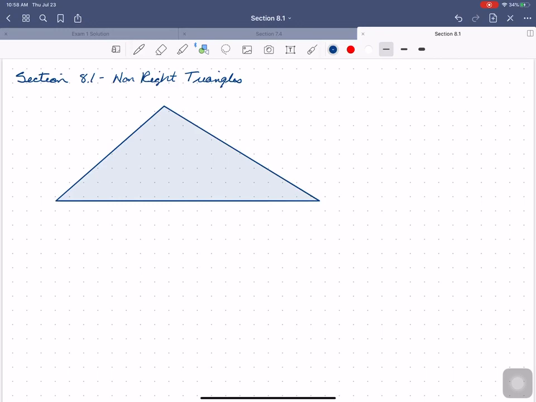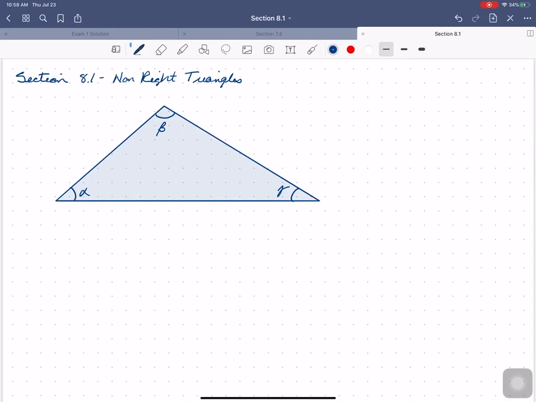Now what we're going to do is label our angles with Greek symbols. So I've got alpha, I've got beta, and I've got gamma.